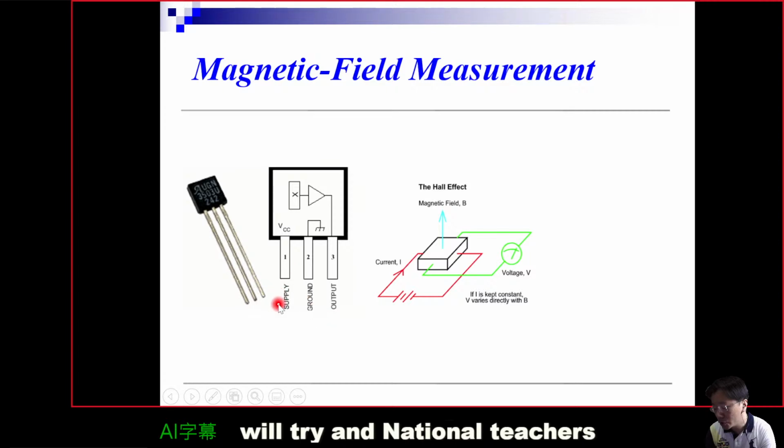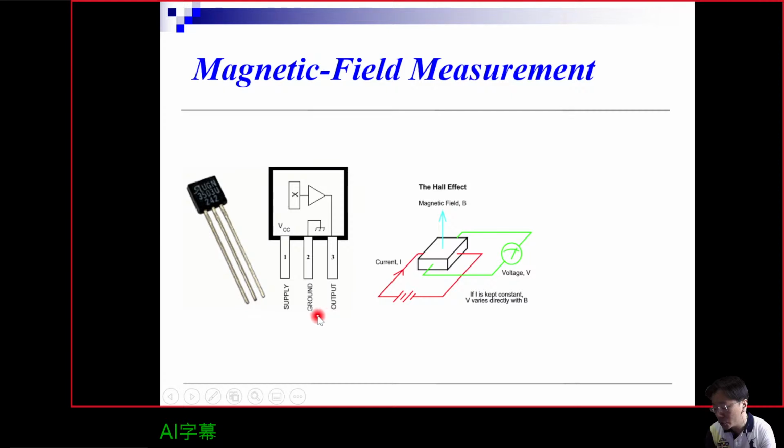The voltage supply would be applied at pin 1 and pin 2, and then we will measure the voltage difference between pin 2 and pin 3. So there is a conversion table that will tell you the relation between the magnetic field measured and the voltage difference between pin 2 and pin 3.